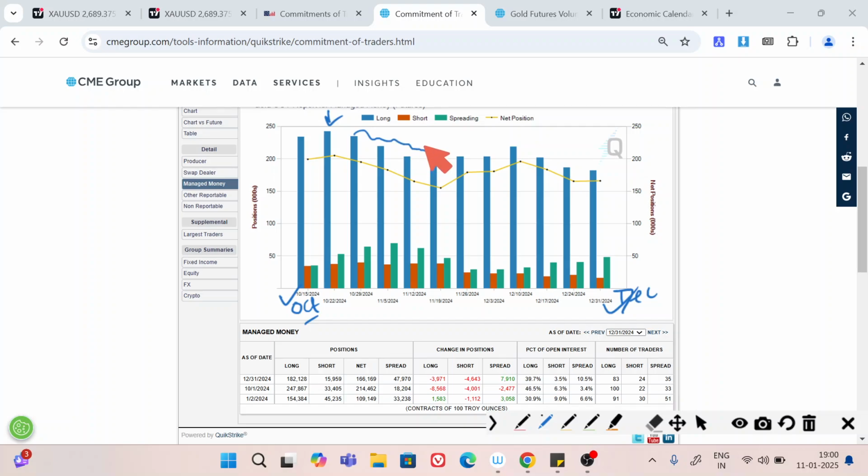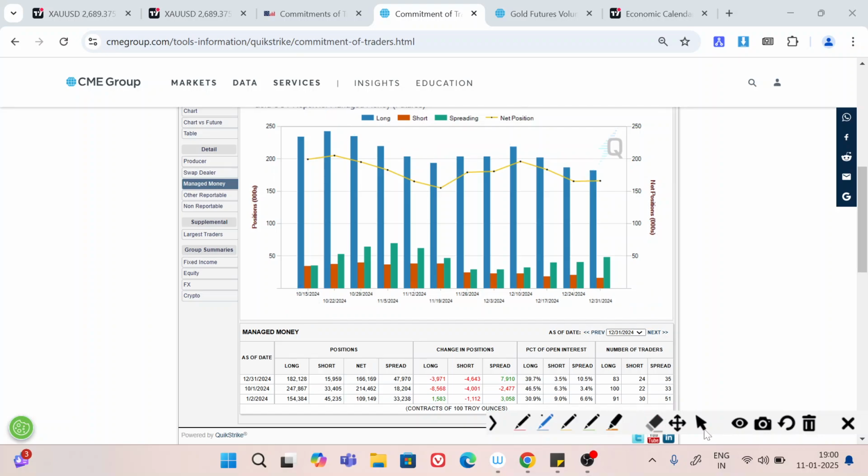After this we have seen some decrease, then some addition, then decrease. So they were not adding any fresh position into the long side, because this was the highest point. So the next COT report is going to play a very critical role.